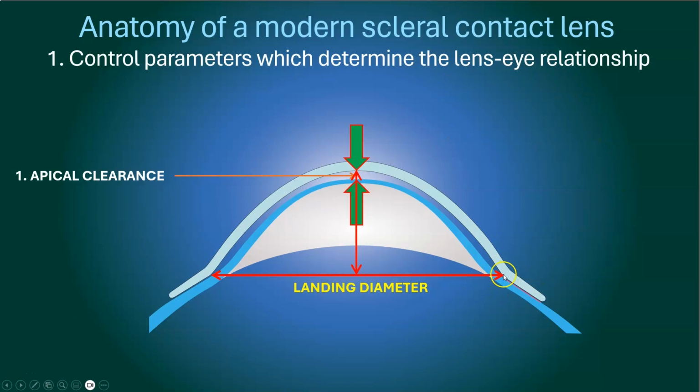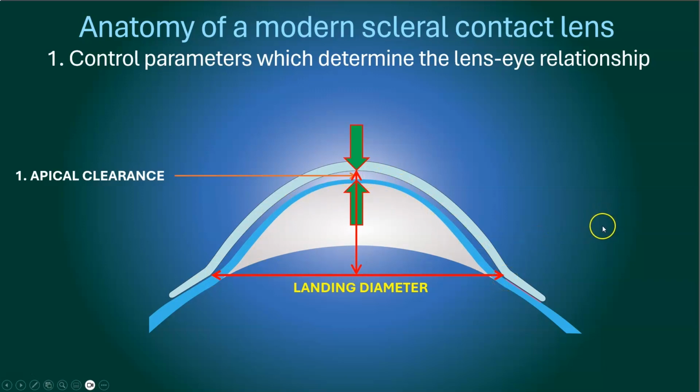You almost never hear this mentioned, and this is the single dimension which controls the fitting of these lenses on eyes. The two dimensions here, the landing diameter and the sagittal height at that landing diameter, almost define what you might call the fitting ball, which is the area encompassed within the lens surface from where it touches there all the way around to where it touches there.